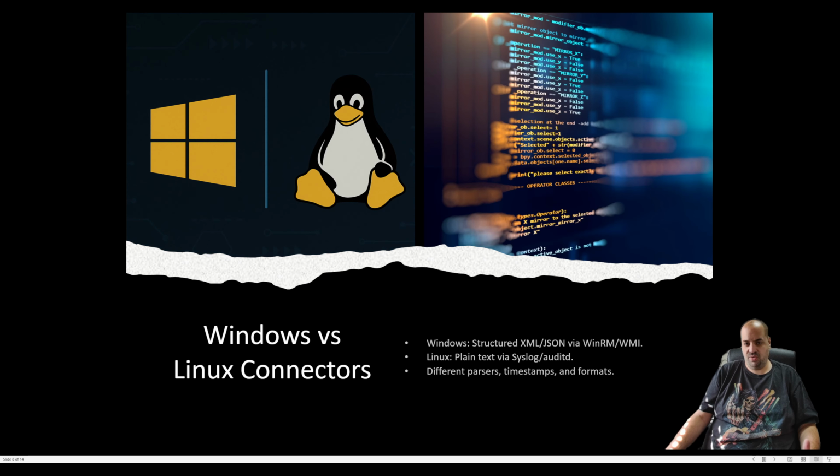Linux versus Windows. Connectors in Windows work with WMI or API or event logs or WinRM. It's all based on a very defined and easy to understand base. But in Linux, the logs are basically syslog or a file reader.